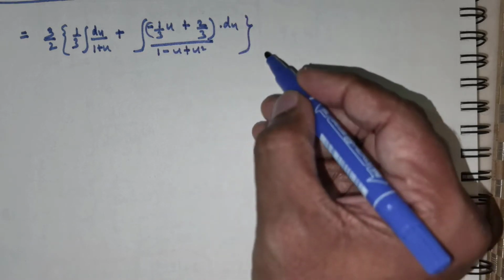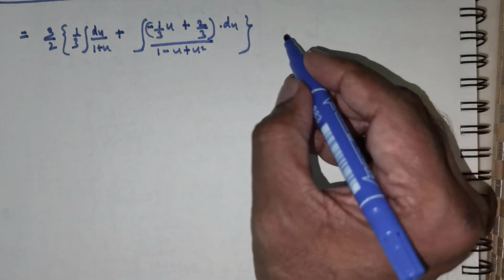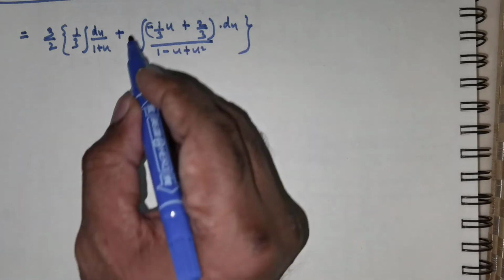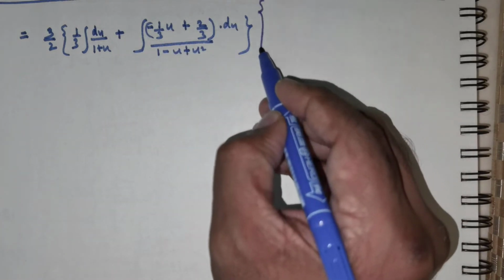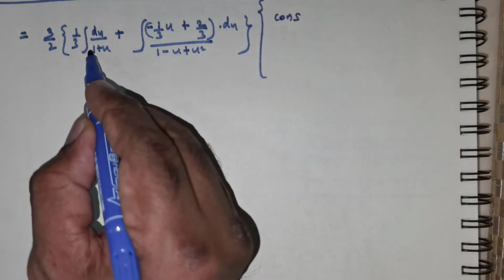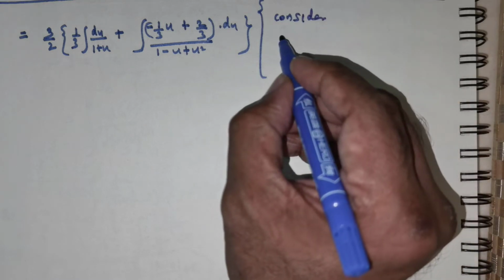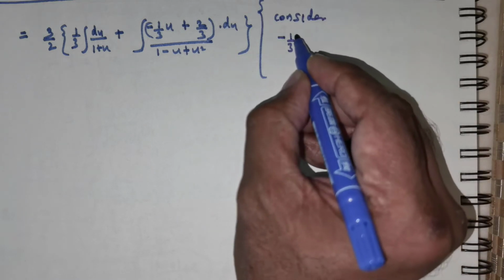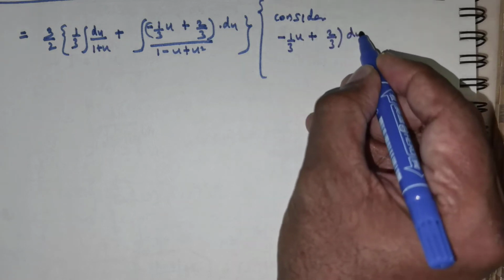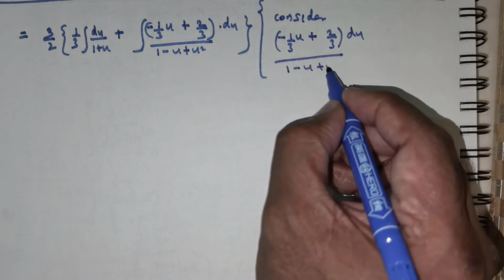Now what I wish to do is I would like to simplify this. So for that, let me just consider this part alone. So I'm going to be simplifying this part first because this is already known, right? So consider this part, negative 1 over 3 times u positive 2 over 3 times du divided by 1 negative u positive u squared.